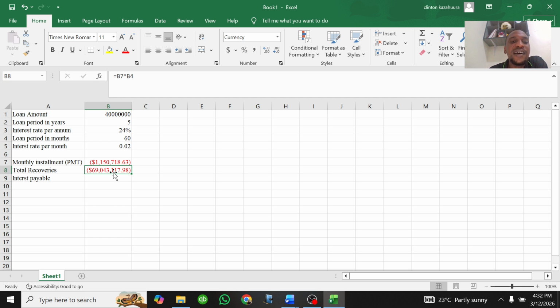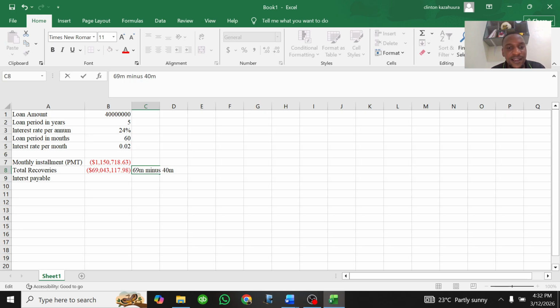Then also there is the interest component. So ideally, if I get the 69 that you are seeing here, then minus the 40 million, which is the loan amount, I should be able to get how much he is going to pay in terms of interest.